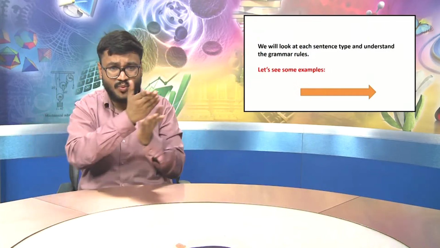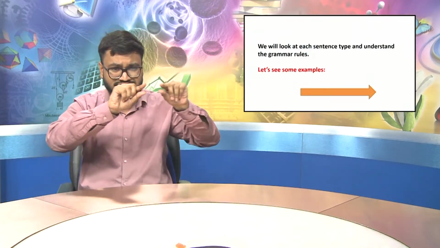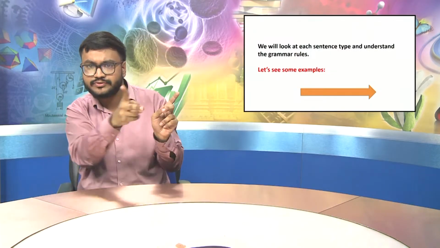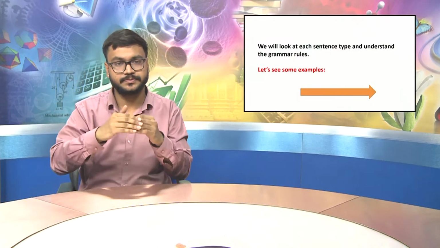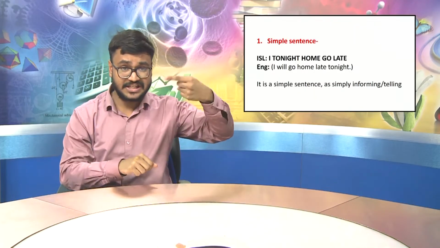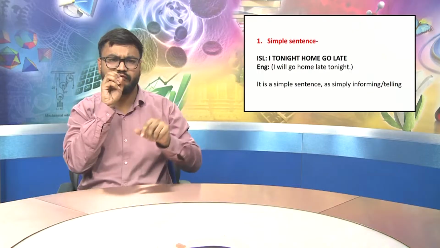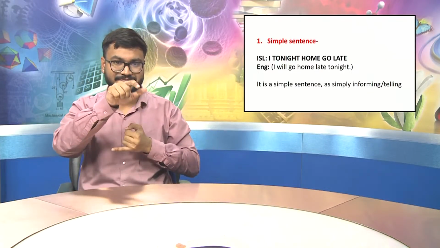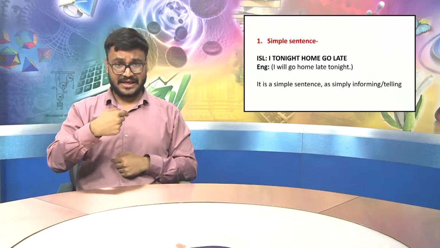We will look at each sentence type and understand the grammar rules. Let us understand with some examples. First is simple sentence. Basically, it is used for information.